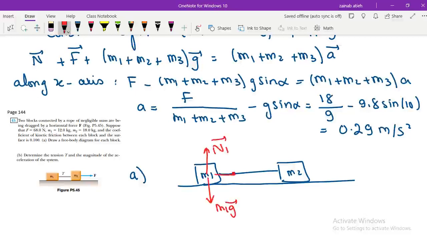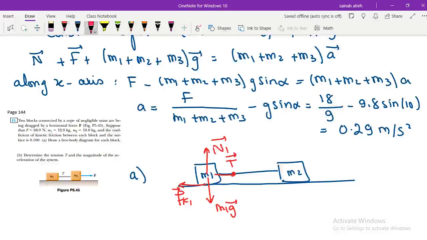We have the tension. Okay, the tension is always towards the string, and we have the friction. Since the system is moving forward, the friction is backward. It's kinetic friction. I will call it FK1 because it is in motion. Okay, it is rubbing against the ground, so it's FK1.